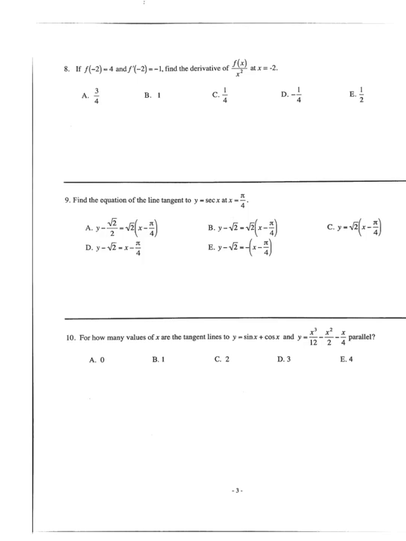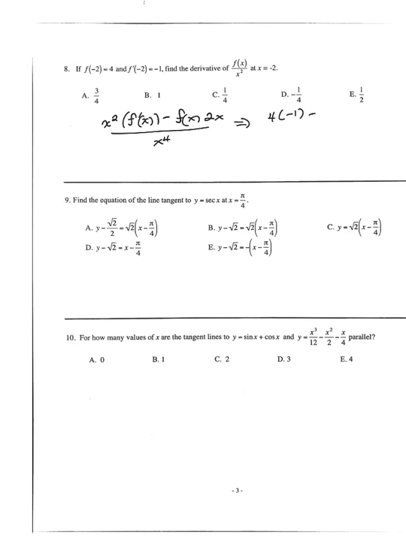So let's use the quotient rule. So we have low times d high minus high d low over low low. So now I need to substitute in negative 2. So I get 4 times f prime of negative 2. Well, that's negative 1.